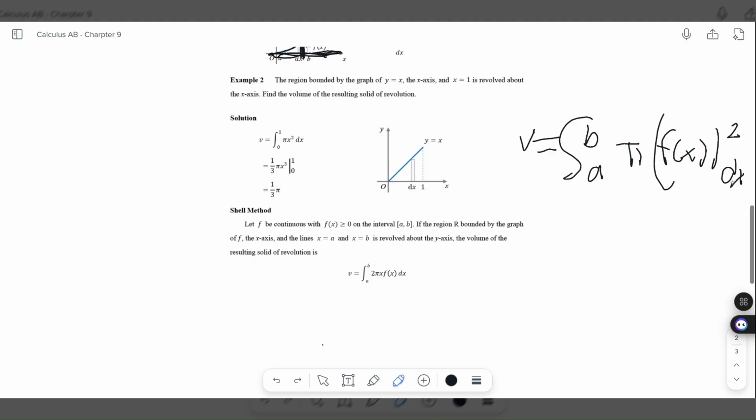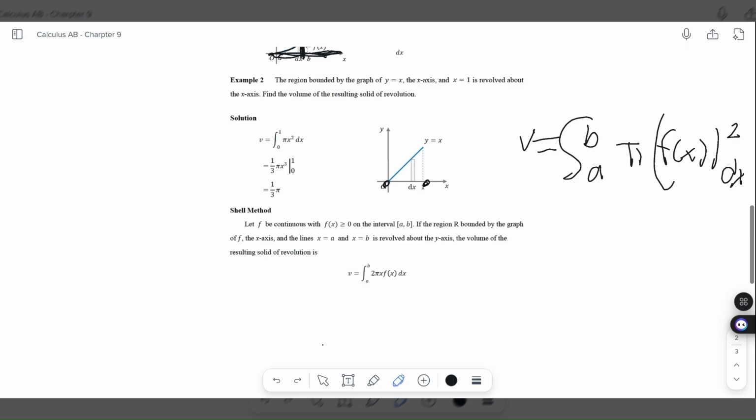So first, our a to b bounds, that is 0 to 1, as this is where the lines enclose to form the area and volume. 0 to 1.